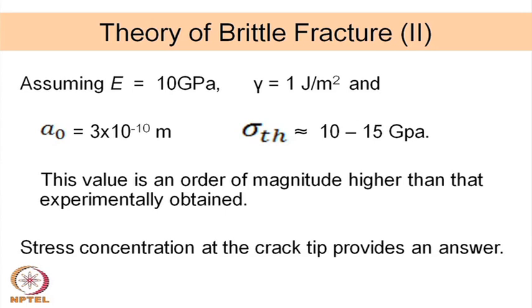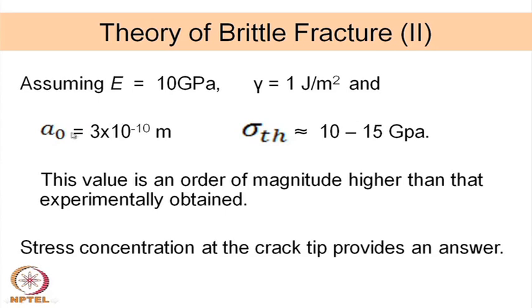An order of magnitude calculation can be done to find the expected theoretical strength of a material, assuming that E is of the order of 10 GPa, and the surface energy, gamma, is approximately 1 joule per meter square, and A0, the interatomic spacing, is some angstroms, about 3 angstroms taken here.